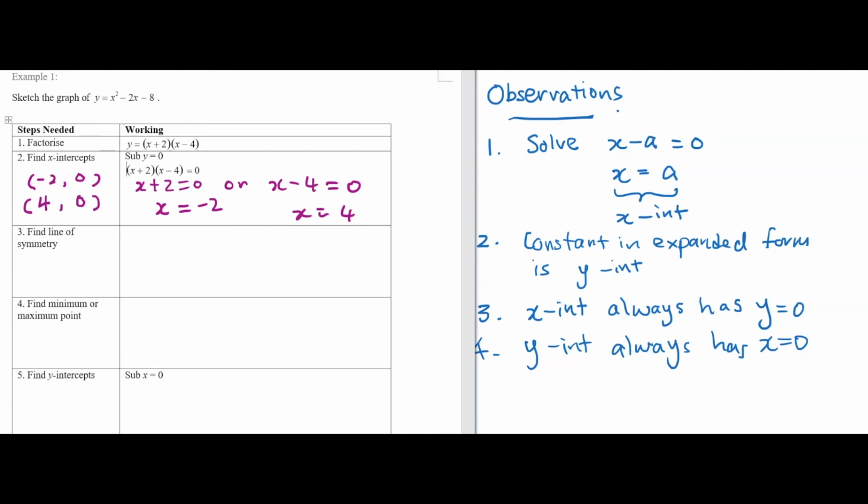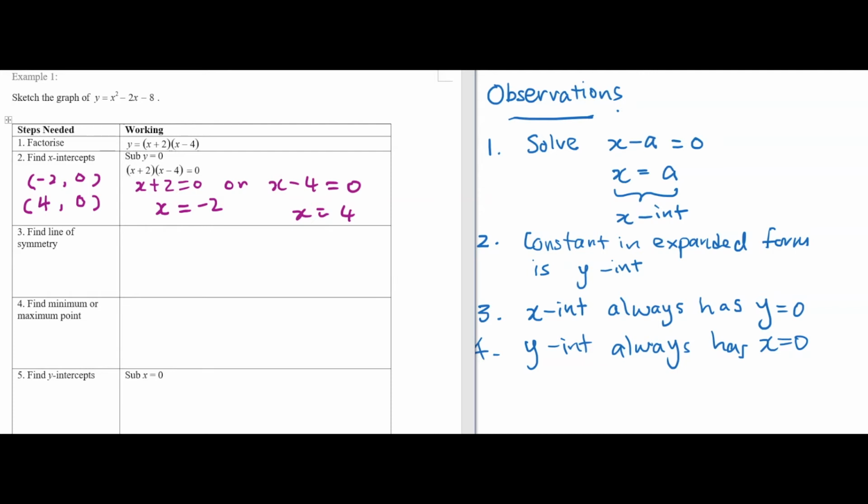So for these three features, it's up to you which order you find. I personally prefer to find y-intercept first because it's quite algebraic. You could also find the line of symmetry easily from the x-intercept by taking the mid value, okay, and that would lead you to the turning point.